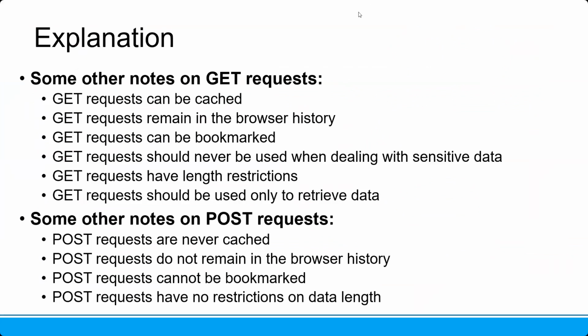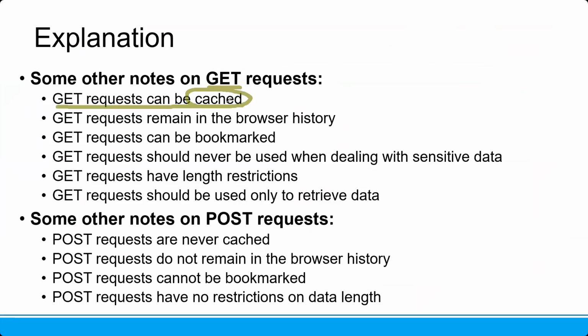When you use get, what is the benefit of using get? Get requests can be cached. Do you know my meaning of this one? Cache. It means whenever you go to a website, that website can know who you are. That's why some websites prefer to get your cookies.